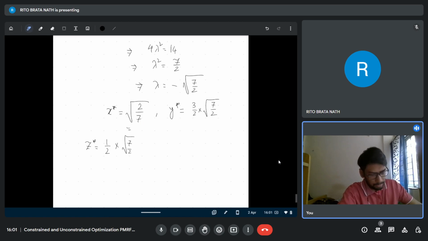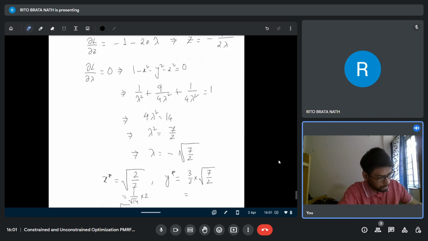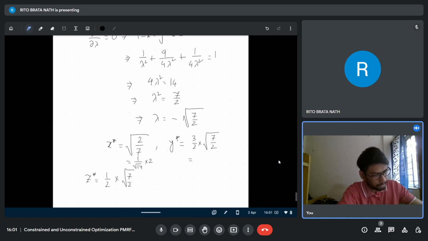You can write x star by taking 1 by root 14 as common, and this will be times 2. Since lambda was in the denominator, this should be root 2 by 7.